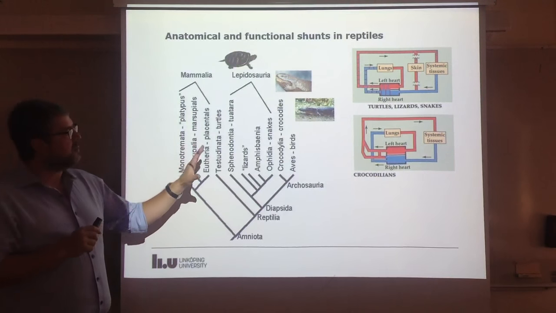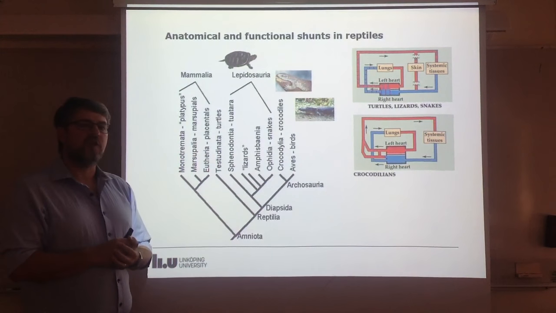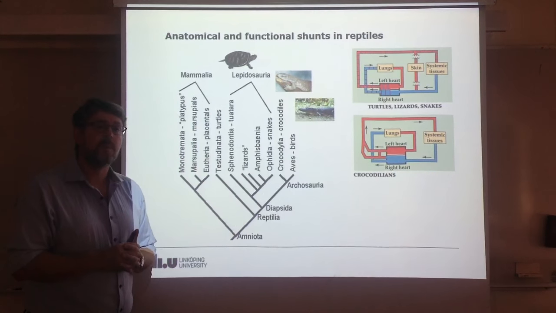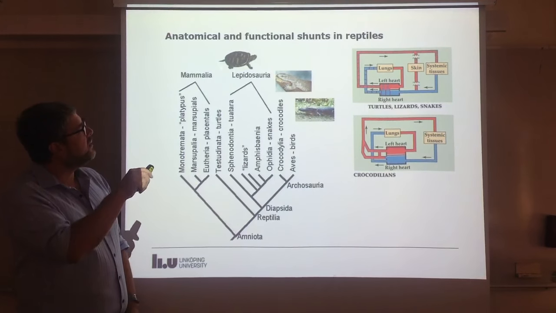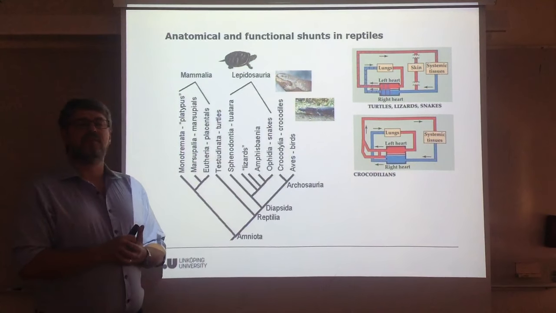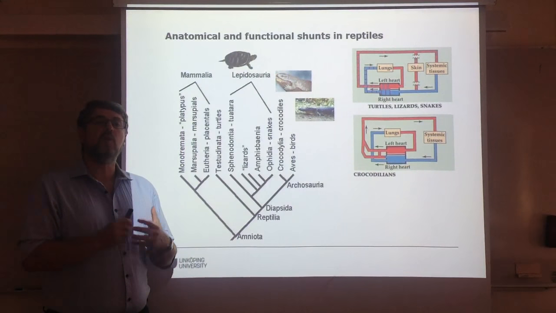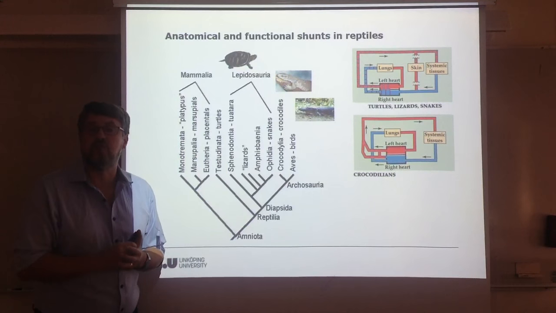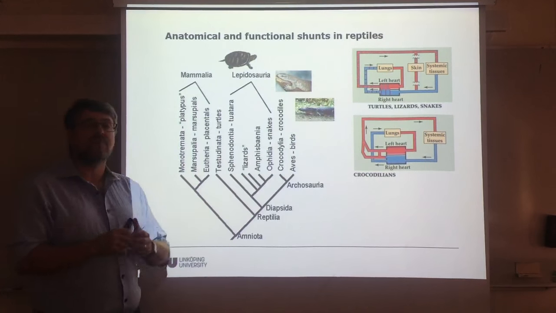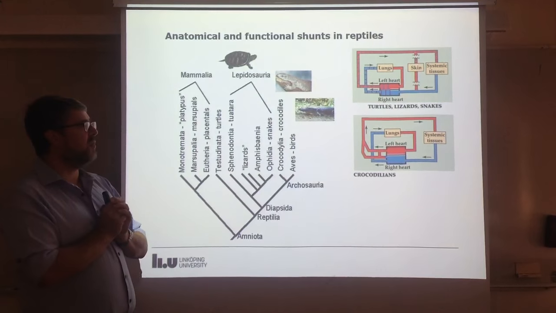Reptiles are a particularly interesting group in which the anatomy of the heart varies quite profoundly, from turtles that have a fully non-divided ventricle in which the degree of shunting is rather severe, all the way to the crocodiles that actually have a truly separated and divided heart.